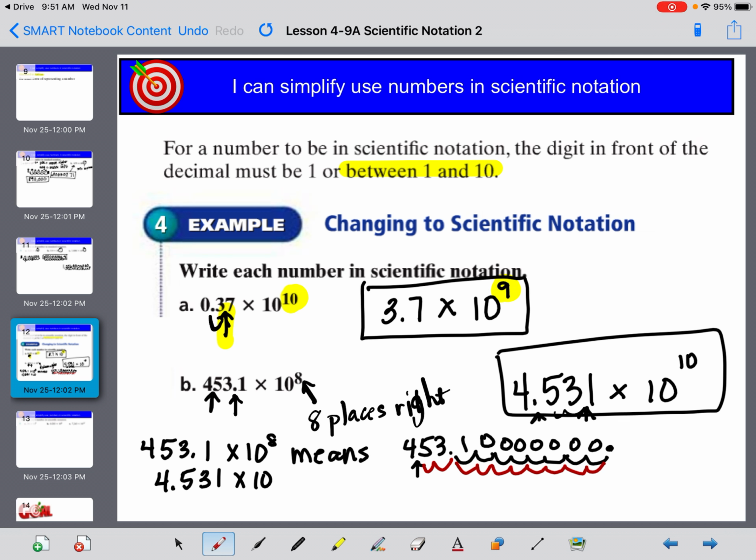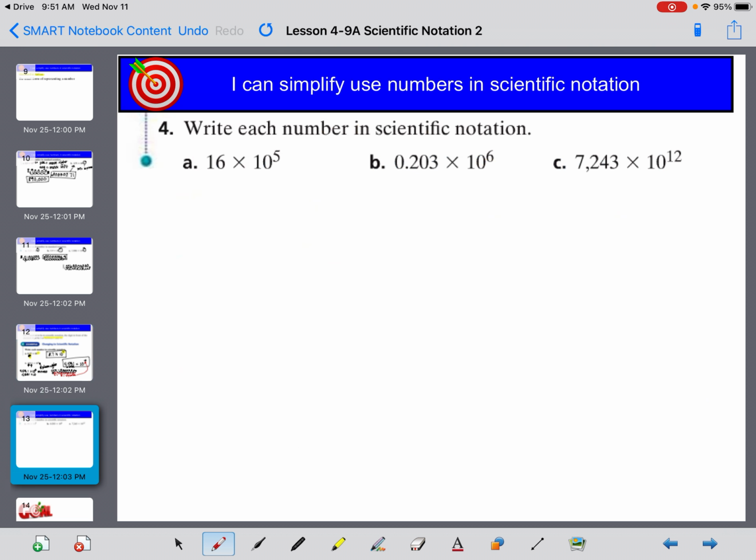So a total of 10 hops. Do you see that? These 8 plus 2 more equals 10 places. That's how I got that exponent of 10. Pause the video and try these 3, then come on back to compare your answer to mine.